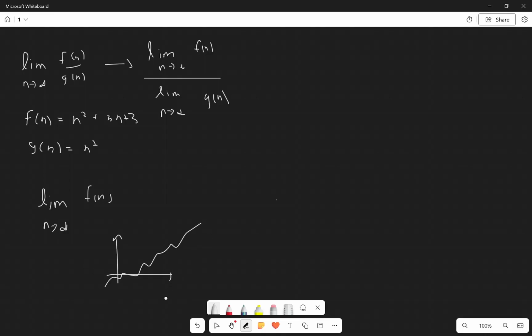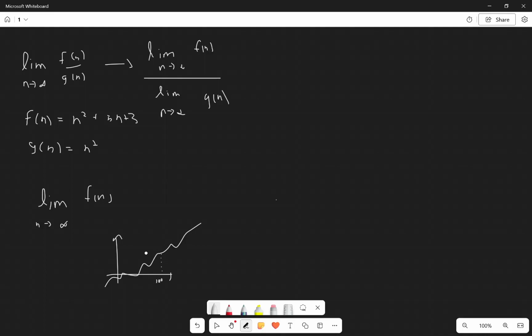What this expression means is that this gives the value of fn as n goes to infinity. So let's say that over here this is 100 or something.